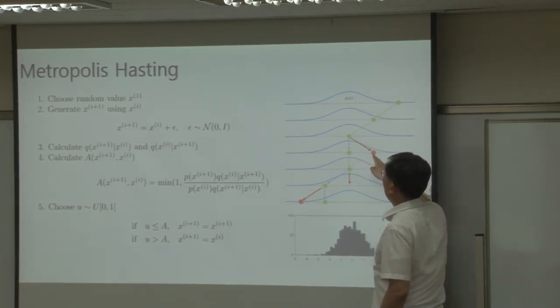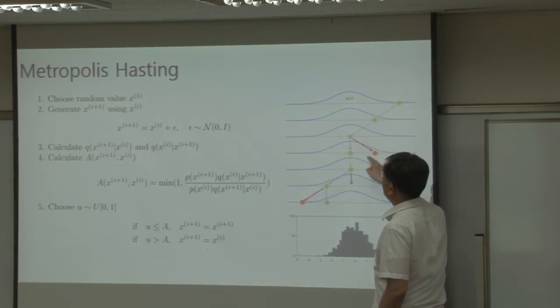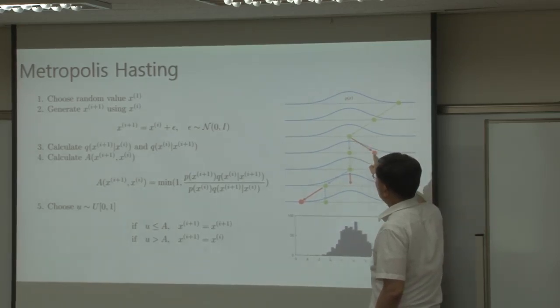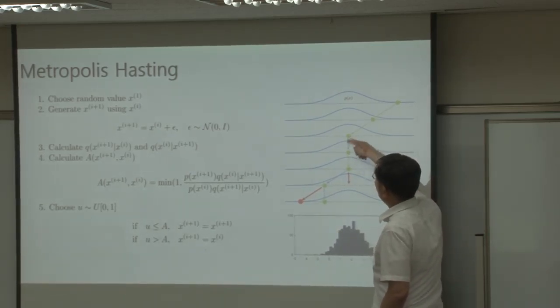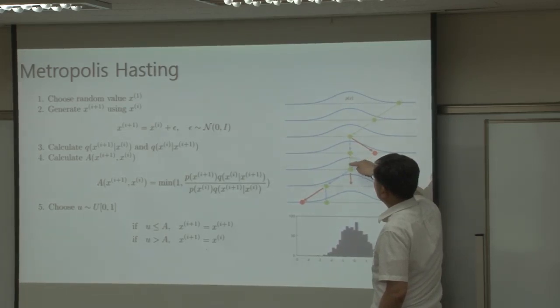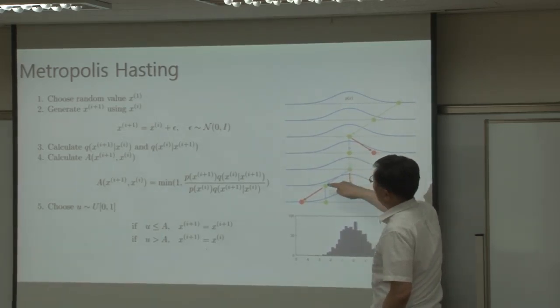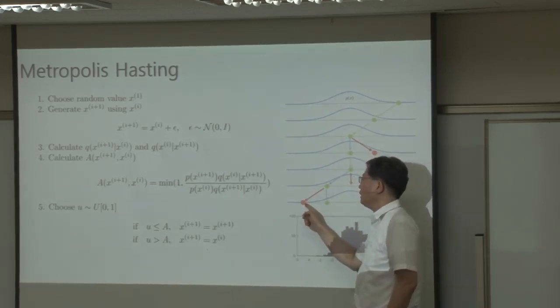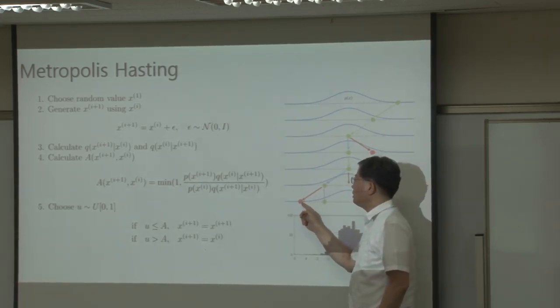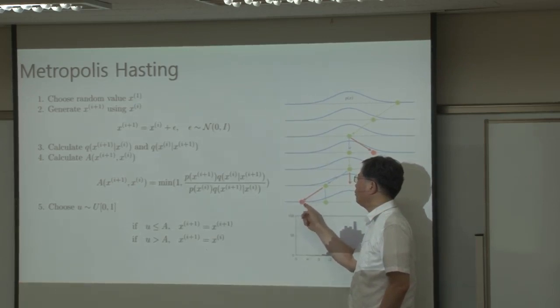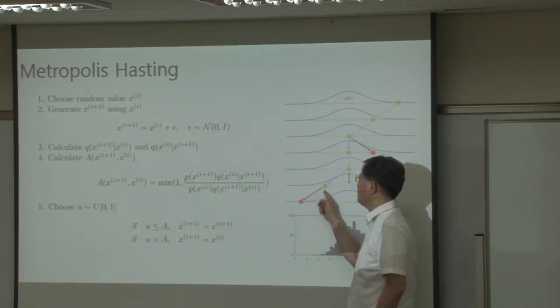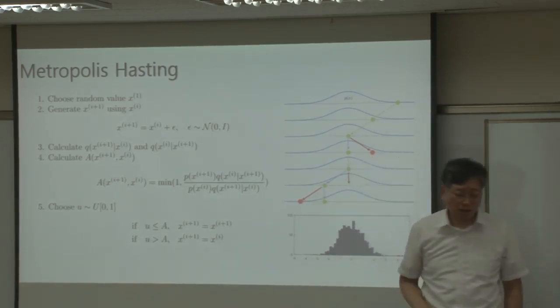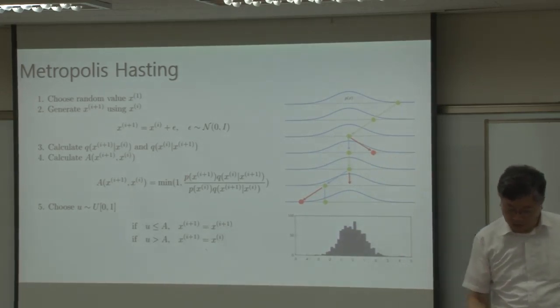It will not go down, it will reject. So this red represents reject. Whenever it gets something really high, it accepts. Here, it's going to a lower probability. It could accept, but the probability is very, very low, so you probably reject it and stay where you are.